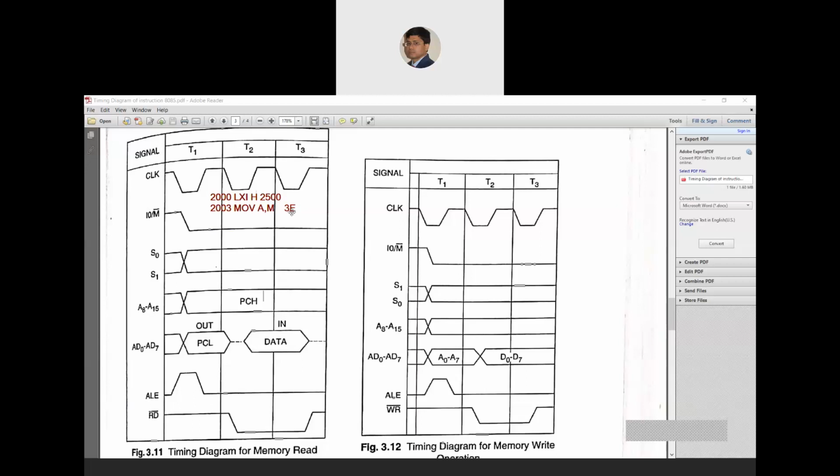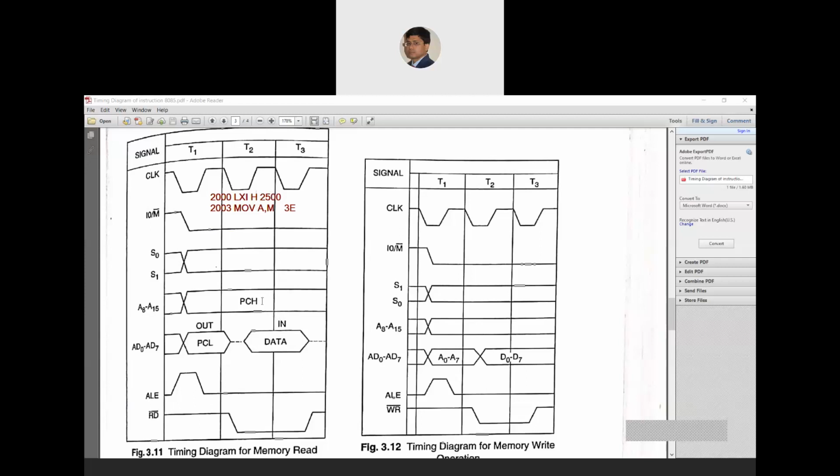Then the decoder decodes 3E and understands that it has one further operation, that is memory read. Microprocessor needs to go to the location 2500, that is pointed by the HL pair, then copy the data available at that location.